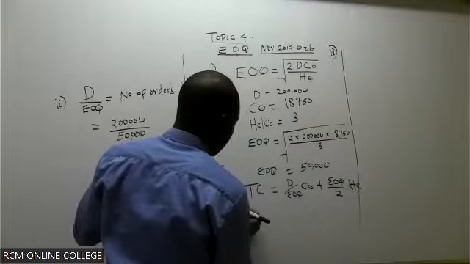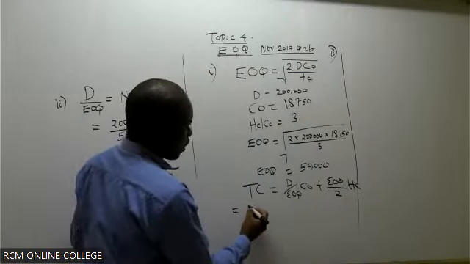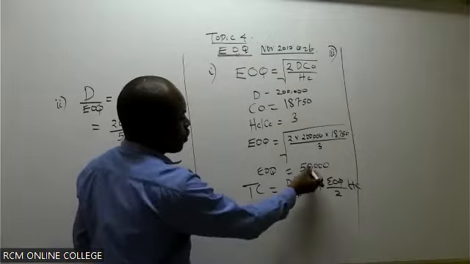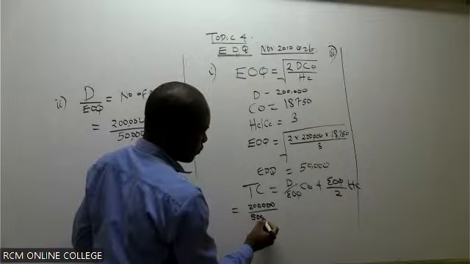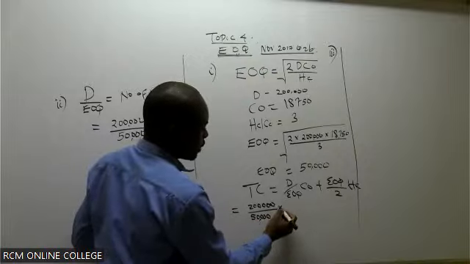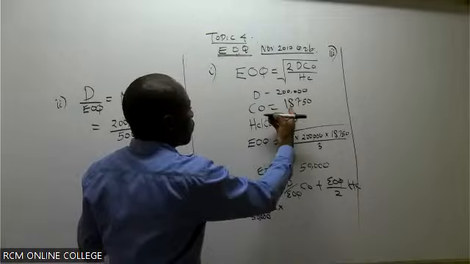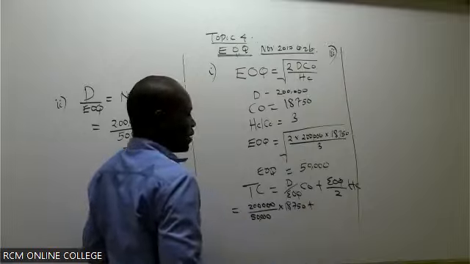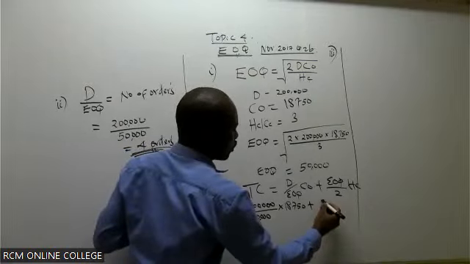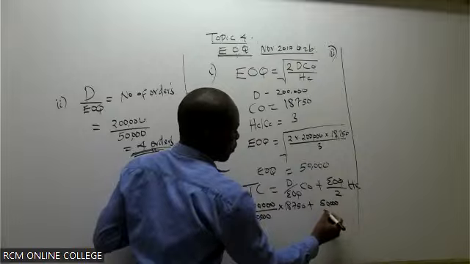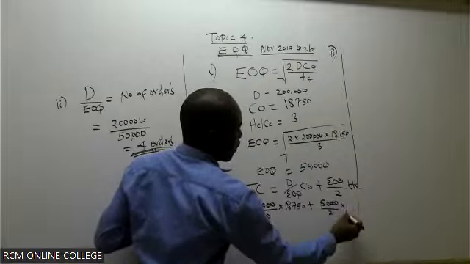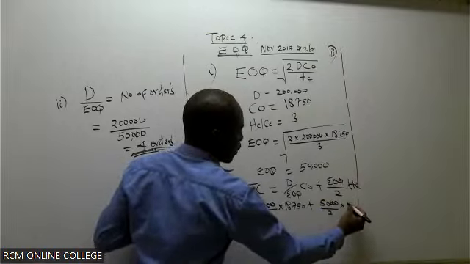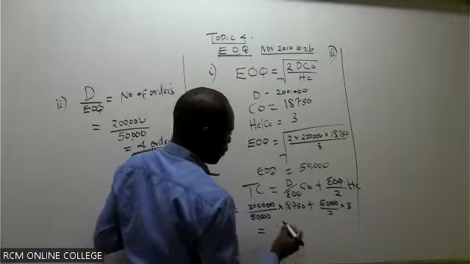Having identified that, let's now go ahead. Demand is 200,000. We divide by economic order quantity, which is 50,000, basically the number of orders. Then we multiply by ordering cost, which is 18,750. To that, we add economic order quantity divided by 2, then multiply by holding cost, which is equivalent to 3.